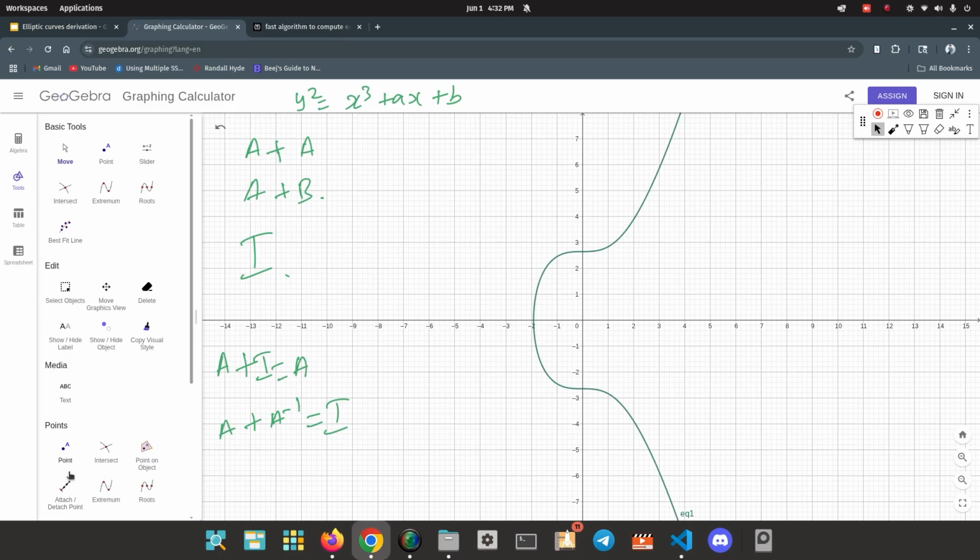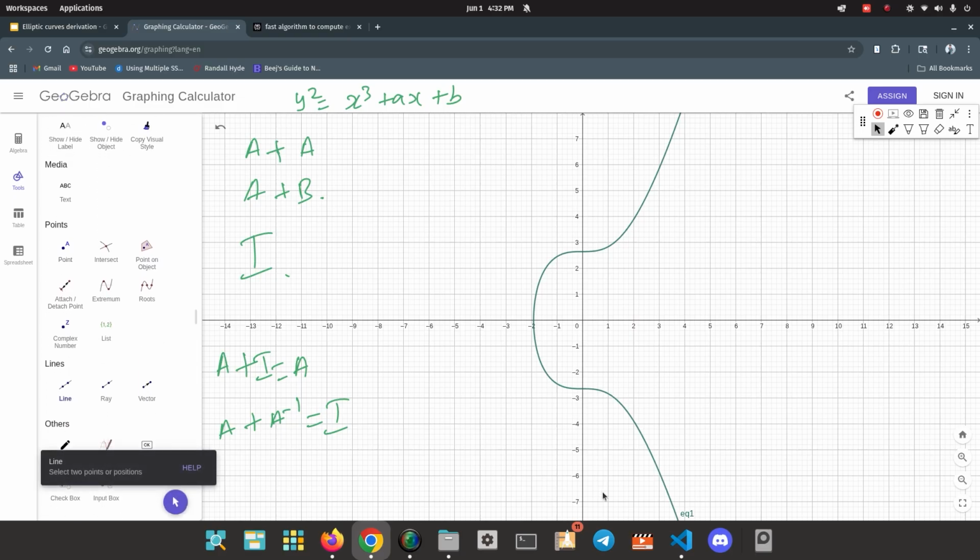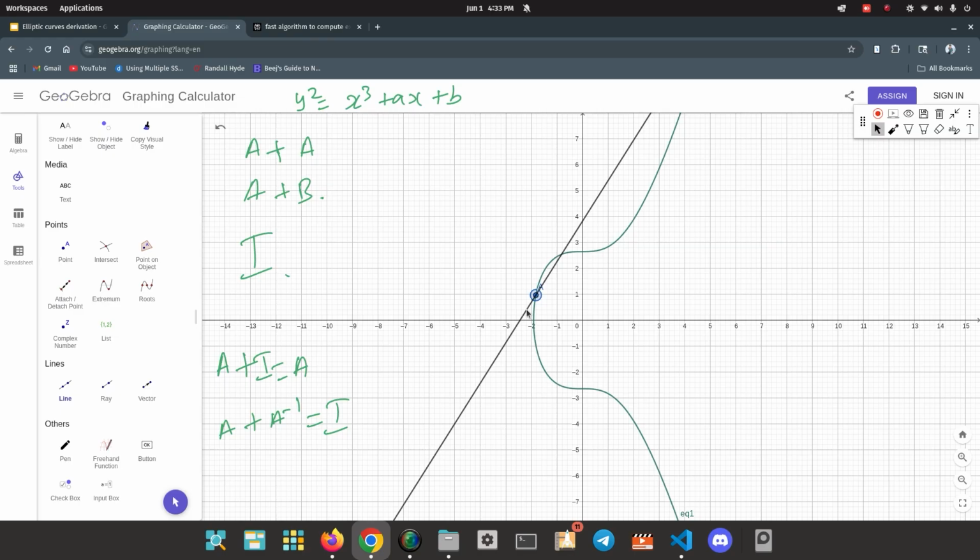I'm going to use the tools here. Let's say this is a point A. As you can see, if I draw a line through a point A in the graph, it intersects the curve at most 3 points, maximum 3 points.